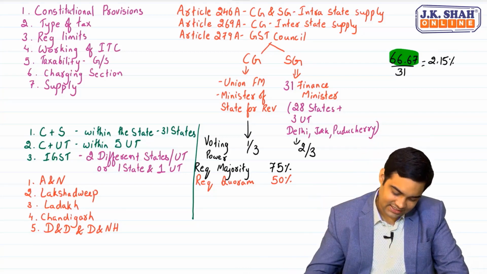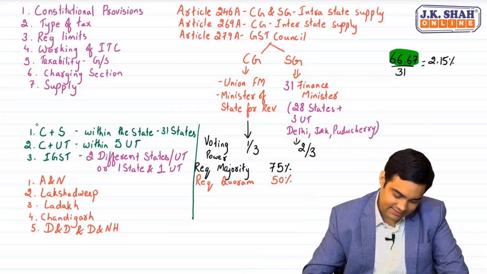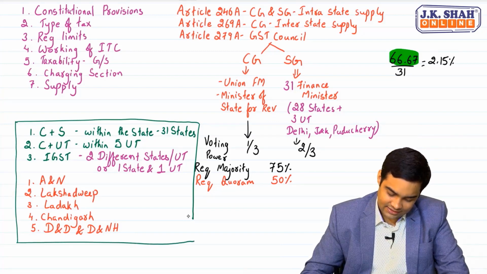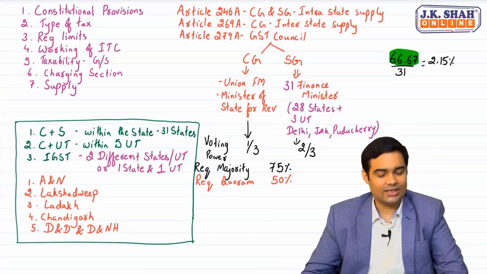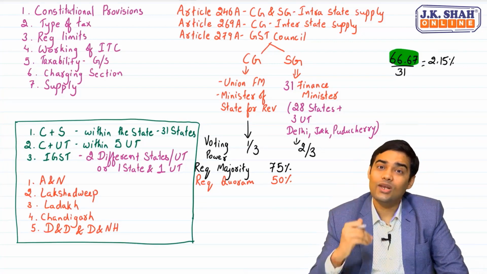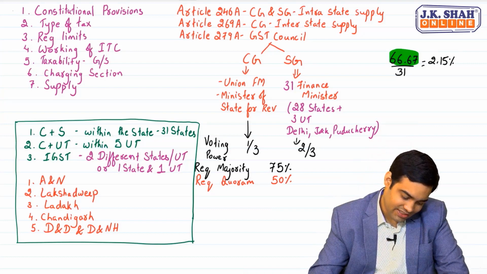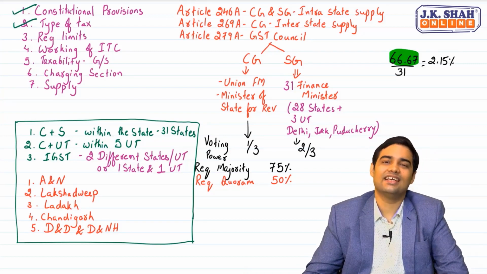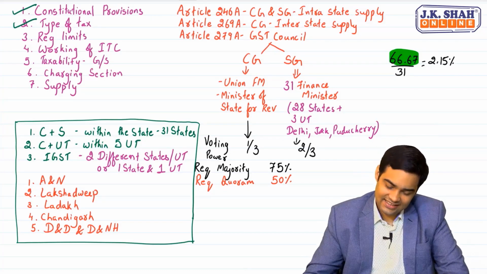Three combinations which can be levied under GST: C plus S, C plus UT, IGST. Now let's take the discussion forward and discuss the registration limits under GST. Let's have a look at it.